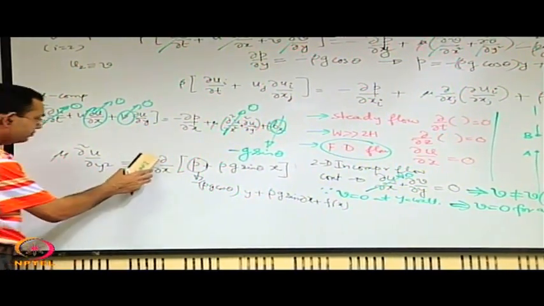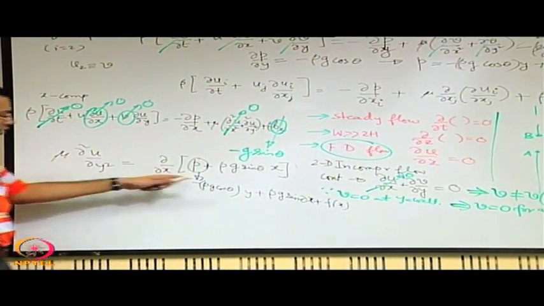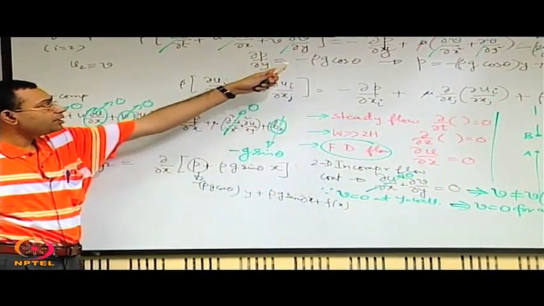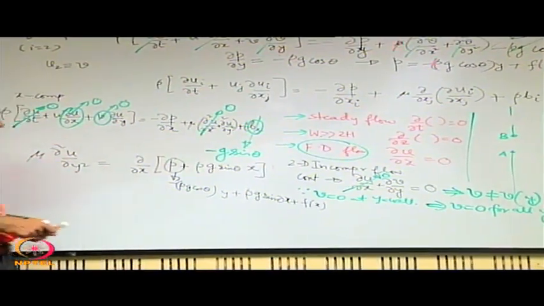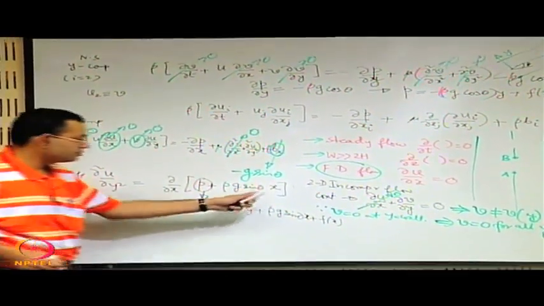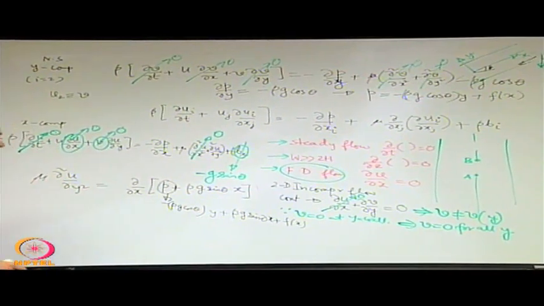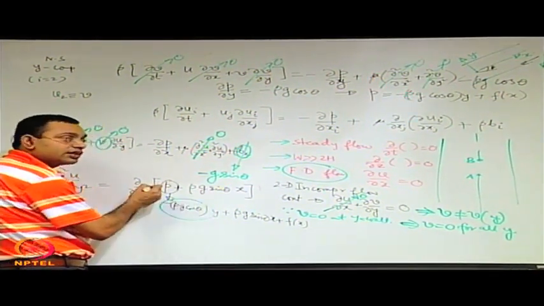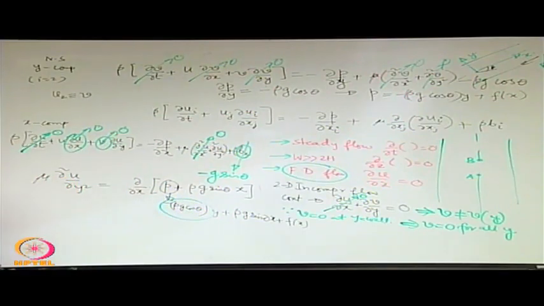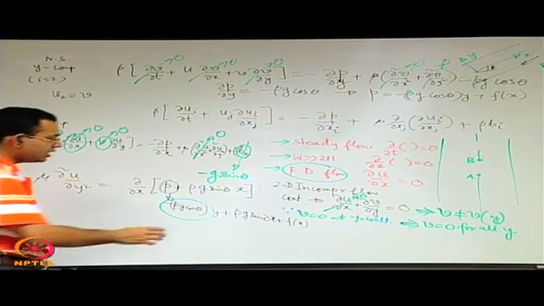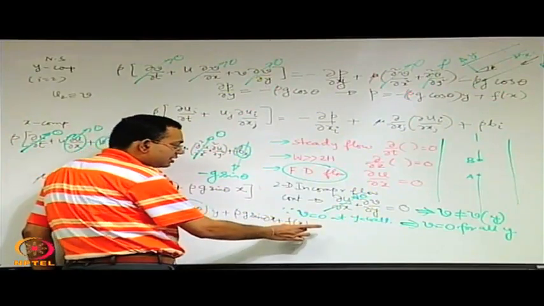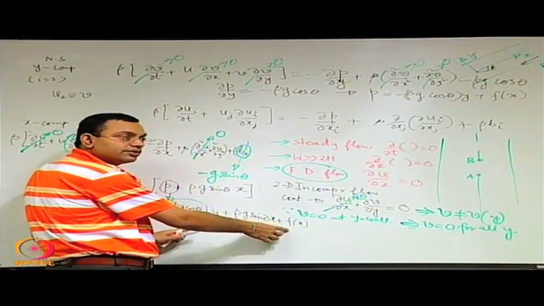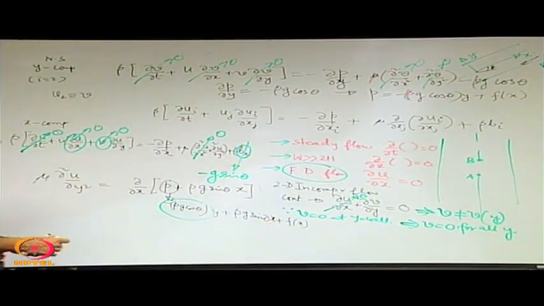Yes, right. This is plus. Okay. Then whatever is in the bracket is there. So substituting p from what we got from the y momentum equation plus the rho g sin theta x term. Now the partial derivative of this with respect to x will be 0 because this only contains y. So the remaining terms, this is a function of x only and this is a function of x only. Therefore this term is a function of x only.